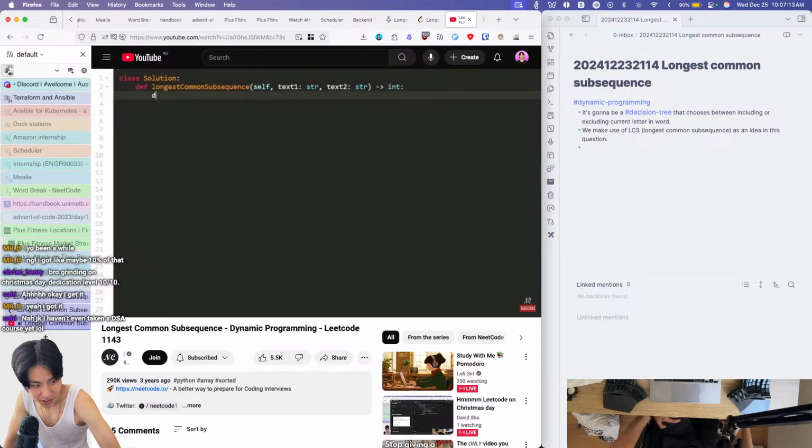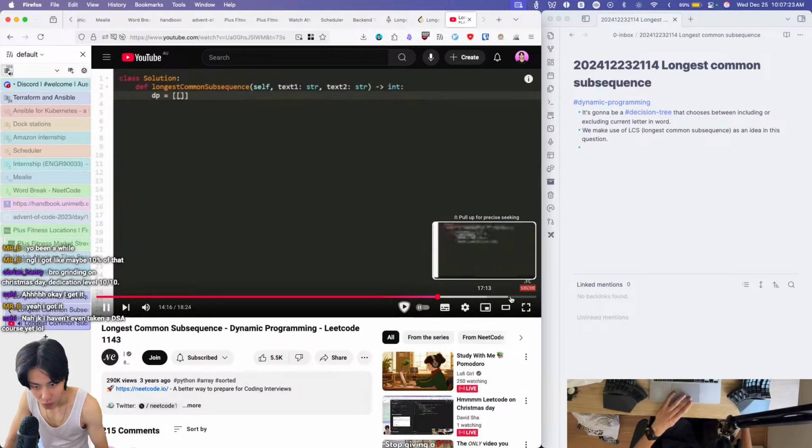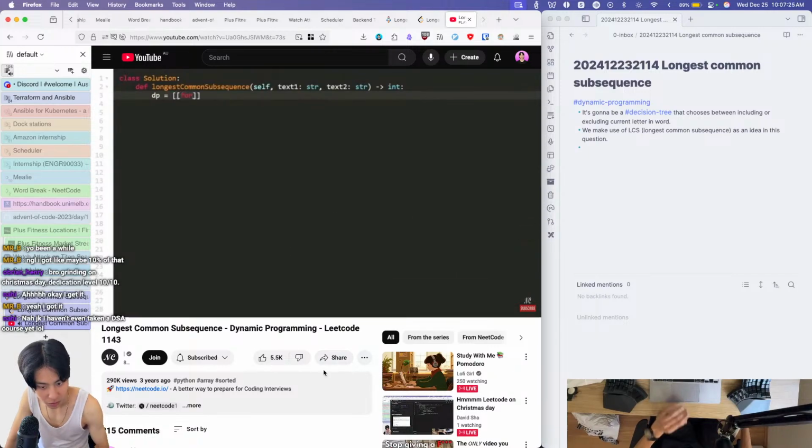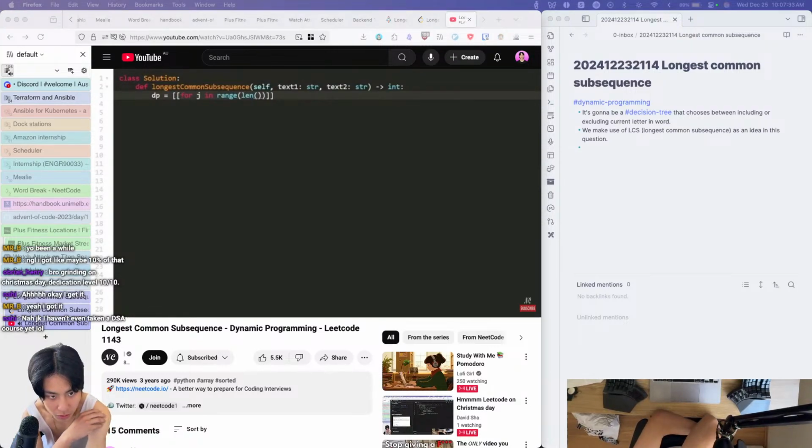So remember, we're going to have a 2D grid. I'm going to call that DP for dynamic programming. What I'm initially going to do is set it to all zeros. I'm just going to do a little bit of Python stuff, a list comprehension. We're going to go through every single value in the length of text 2 plus 1, plus 1 because we need at least one more column to have all the zeros in it.